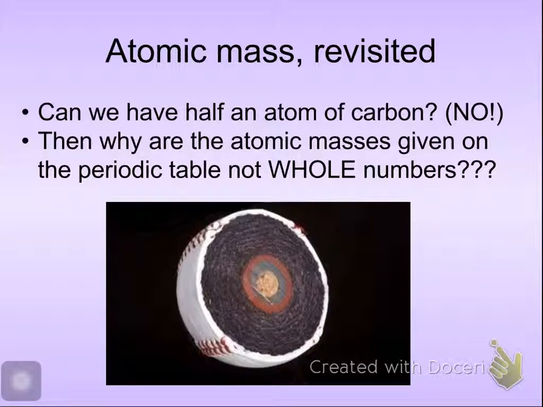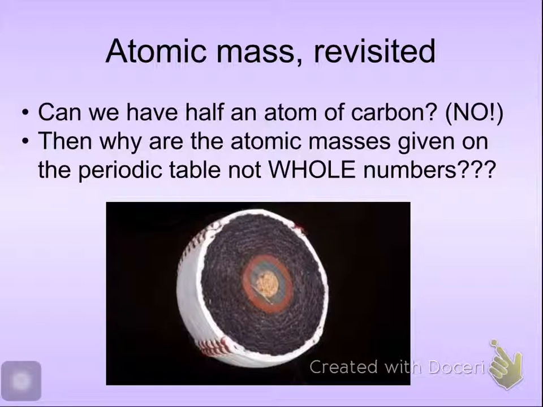What's the atomic mass of, well, let's say carbon? 12.0107. How can we have 0.107 of a carbon atom? Can we have that? If we can't have that, then how is that the atomic mass?